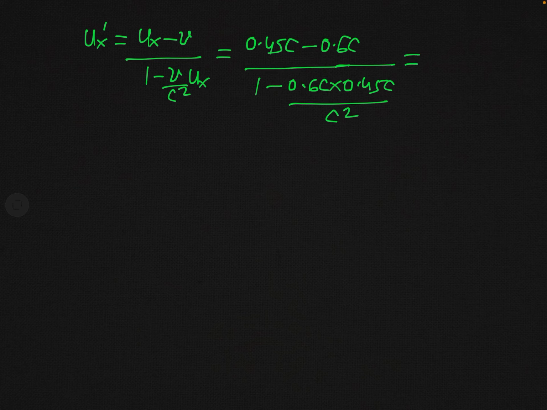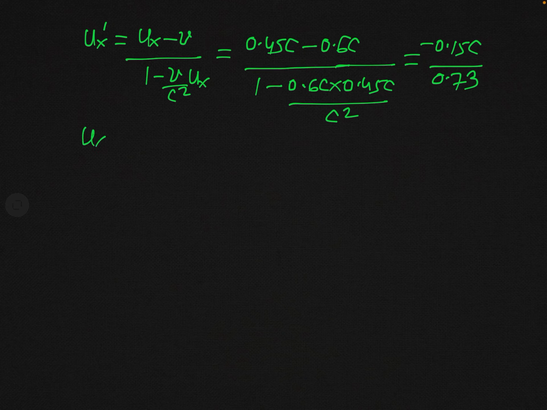In fact, this will be equal to minus 0.15c divided by 0.73. After simplification, you will get this 0.73.